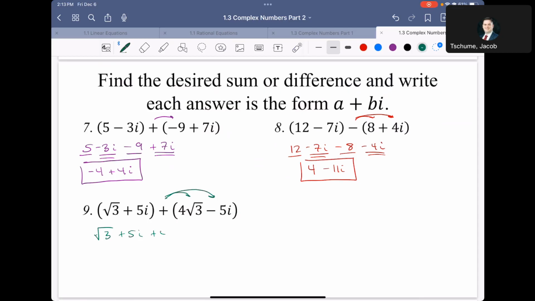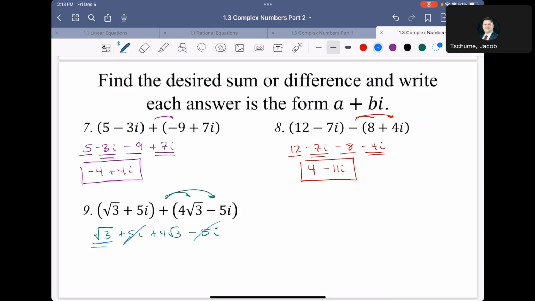A positive makes this a positive 4 root 3, and a positive times a negative still makes this a minus 5i. And then notice what happens. For the first time in this video, we are able to actually cancel the imaginary part of our complex numbers. The positive and -5i go away.